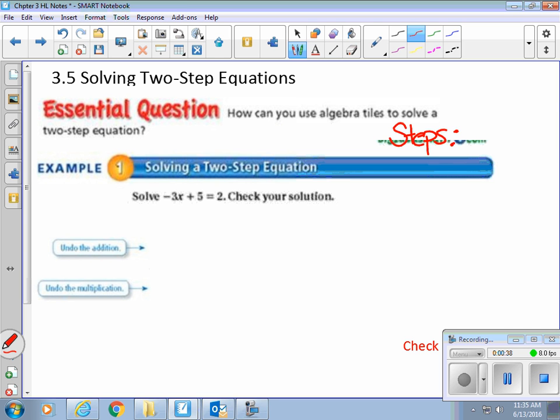The steps for solving a two-step equation involve the first step, which is to undo the addition or subtraction. Write it like this: undo the addition or subtraction, which will always be the number by itself.